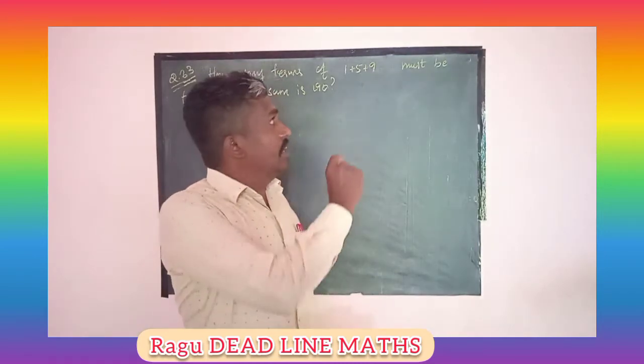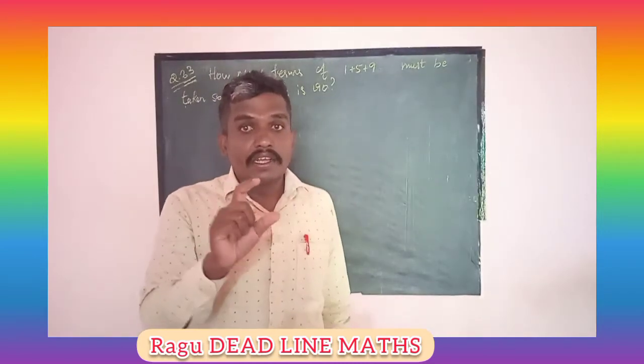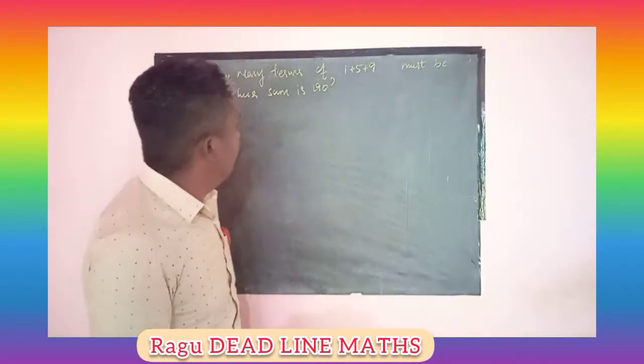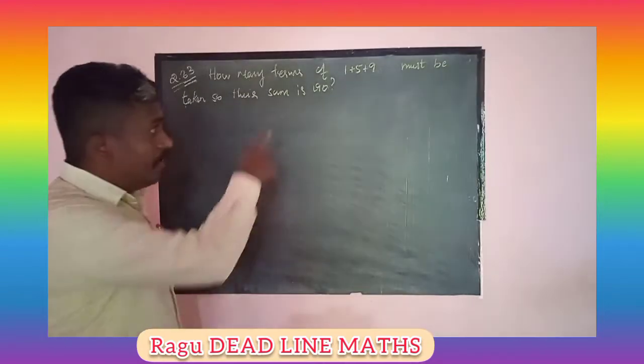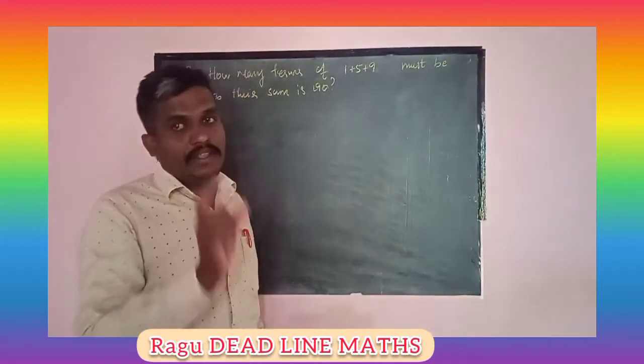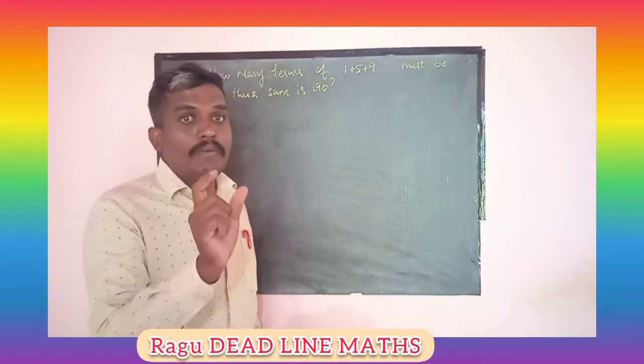The sequence is given, and if you add the terms, the answer is 190. Now we have to find how many terms there are.